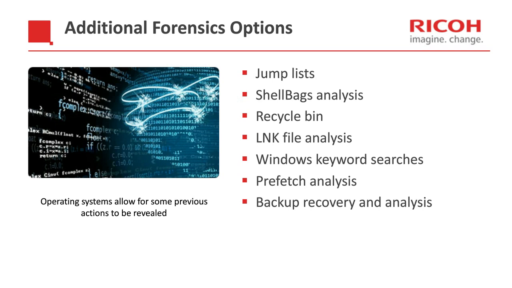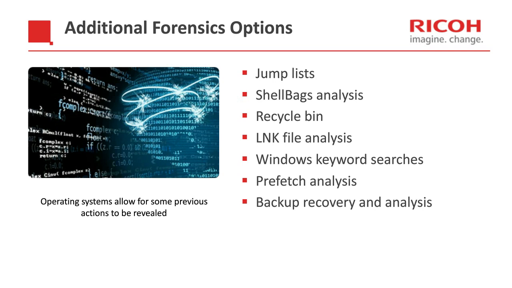Jump lists show recent documents accessed and stored. Prefetch files show recently executed applications and the times at which they were launched. So if somebody's going to install a piece of software that will intentionally overwrite files or delete them and intentionally overwrite them to make them rendered unrecoverable, the actual evidence of that tool being run could be shown in your prefetch.